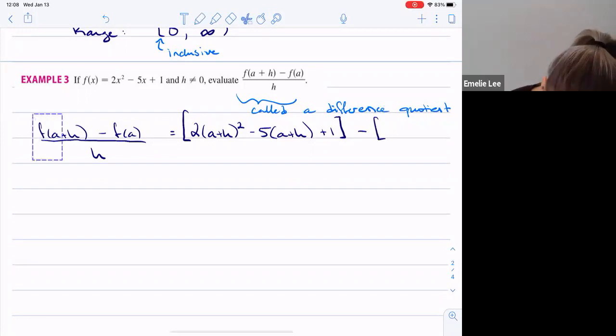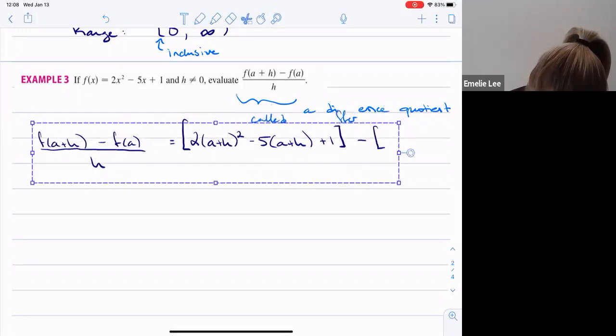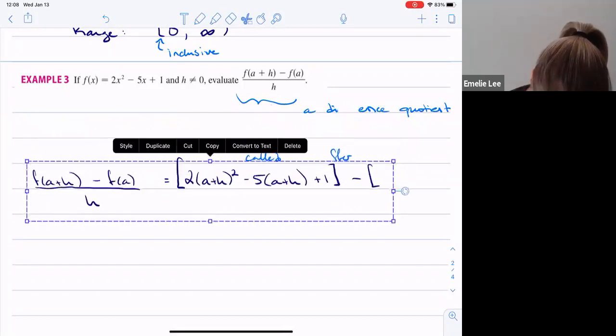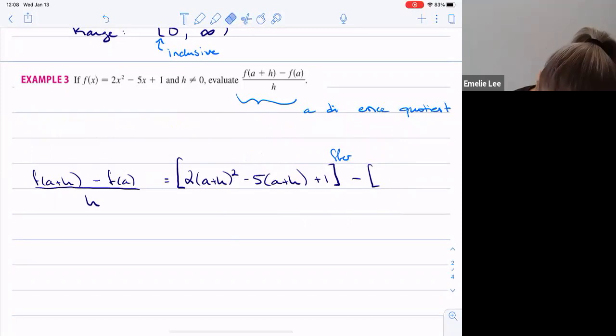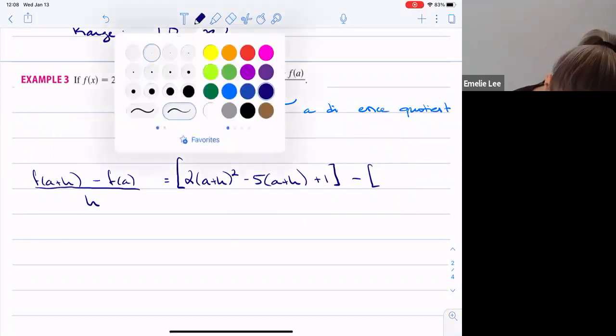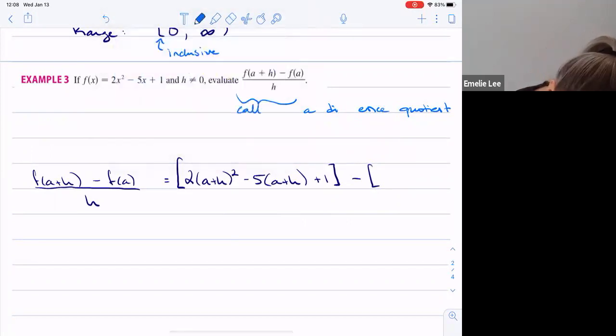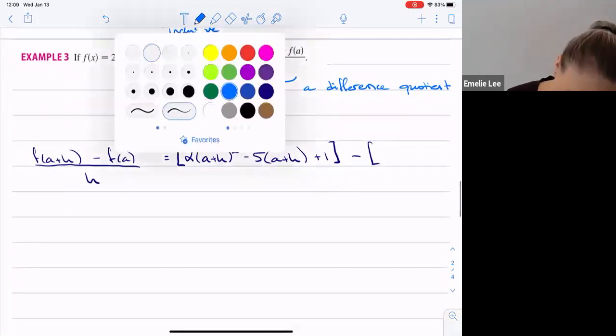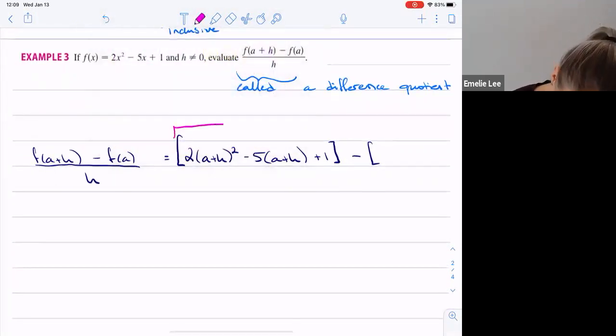In fact, I'm going to bump this down just a little bit, so I can make notes above. There. No harm, no foul. This here is f of a plus h.